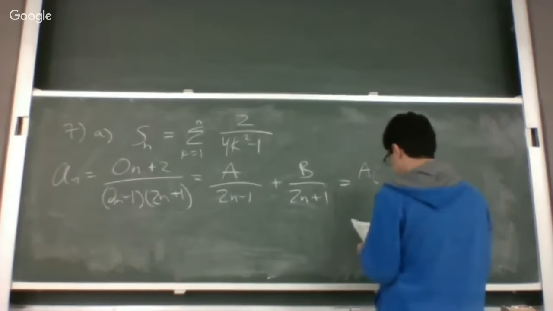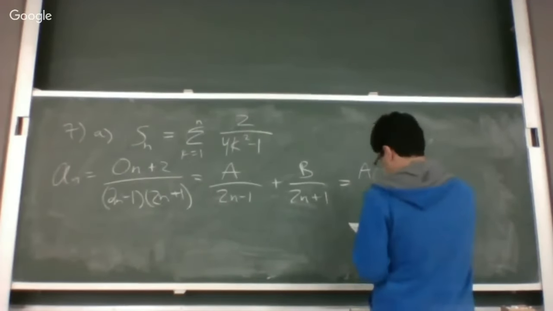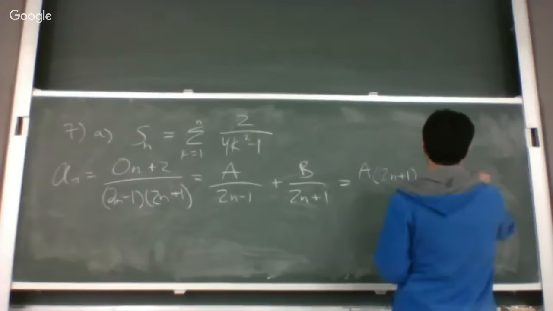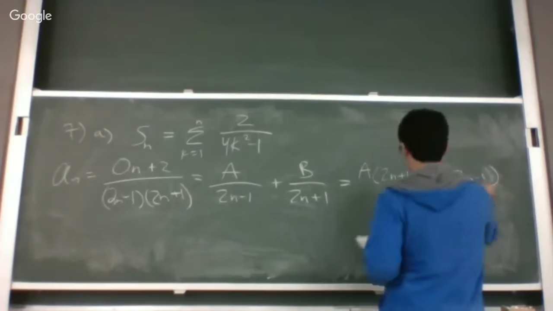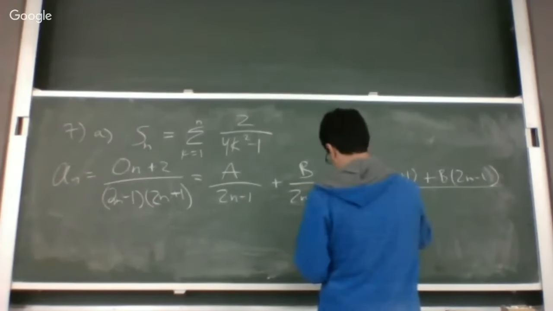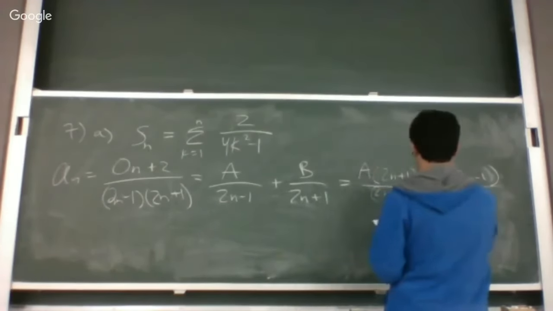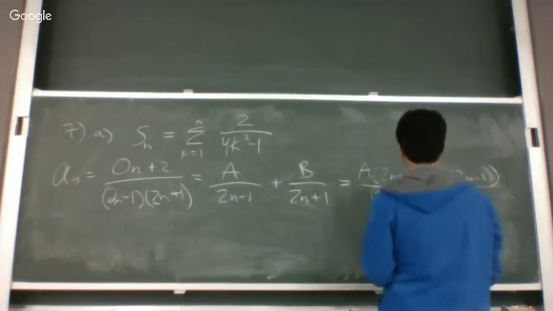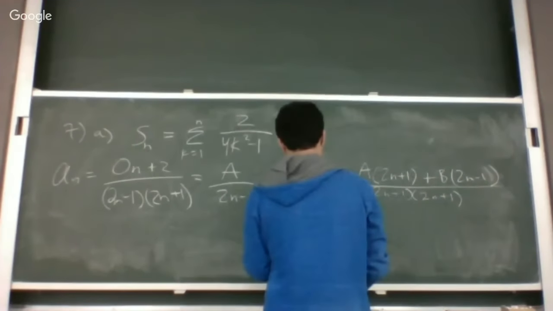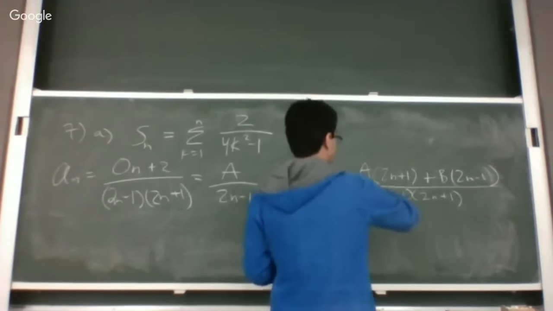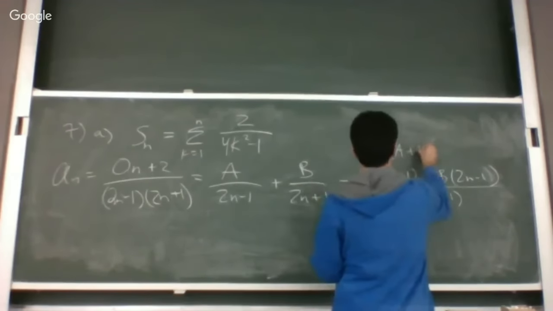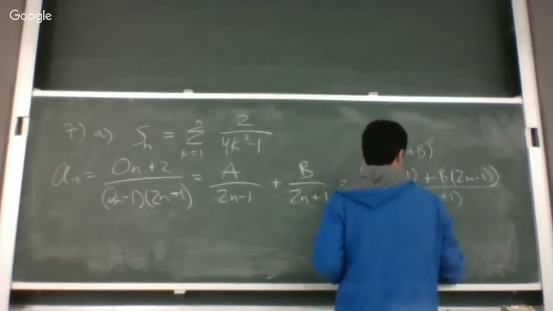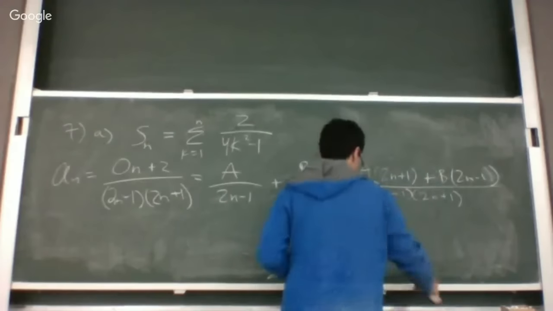So we have A times 2n plus 1 plus B times 2n minus 1, divided by the denominator, 2n minus 1 times 2n plus 1. On the top, to get n's on one term, let me slowly show.